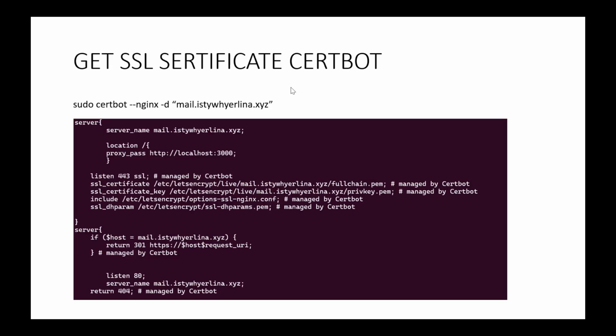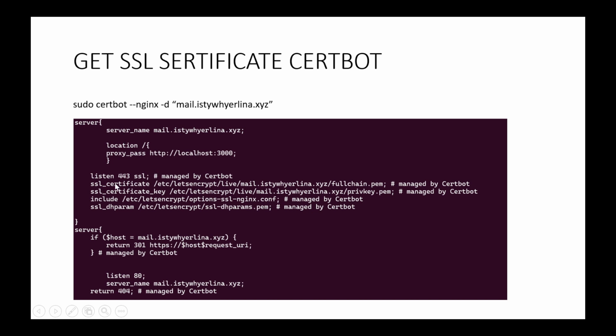The next step is to get an SSL certificate, and this time we're using Certbot. You can just run sudo certbot nginx for mail.styrina.xyz, and after you get the SSL certificate, your configuration will be changed like this.